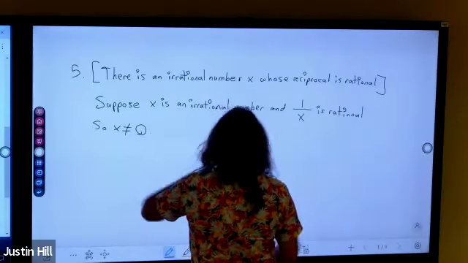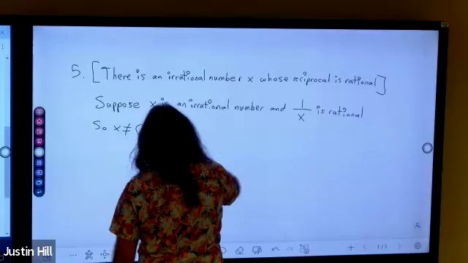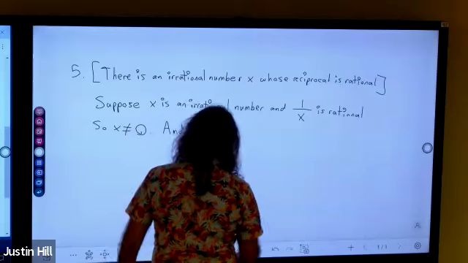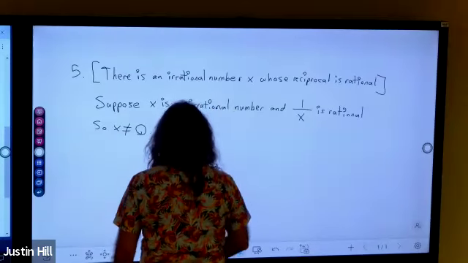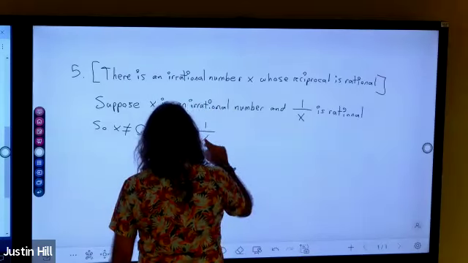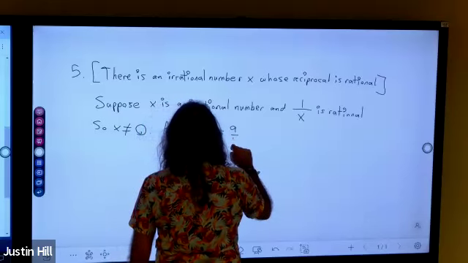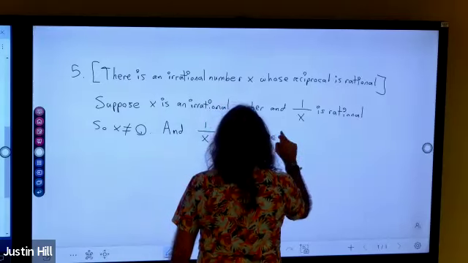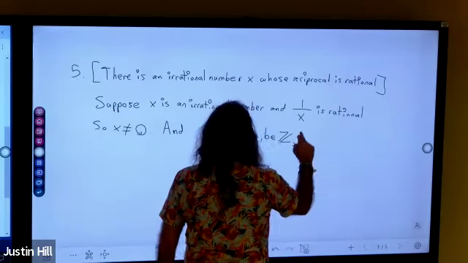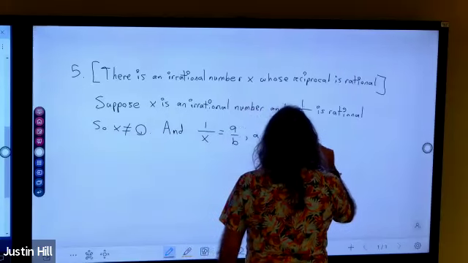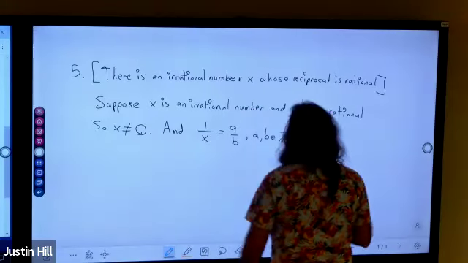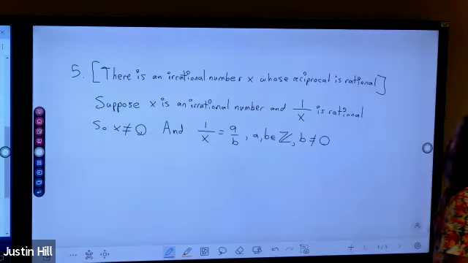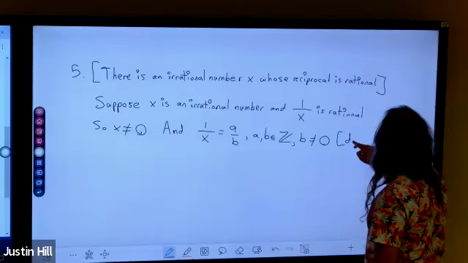So x obviously doesn't equal 0, and 1 over x then is rational, so I can say it equals a over b with the usual parts to my definition: a and b are integers, b doesn't equal 0. Definition of rational.